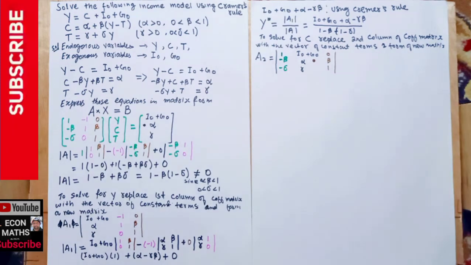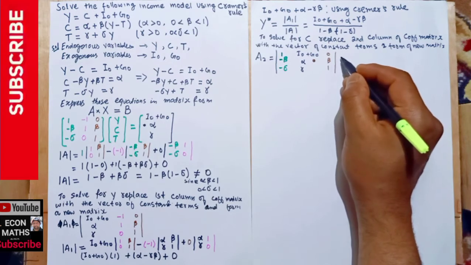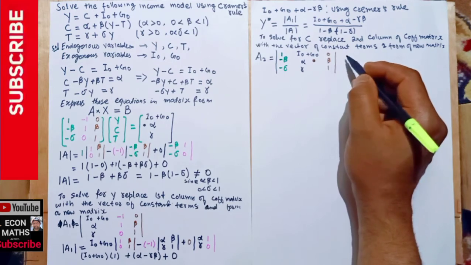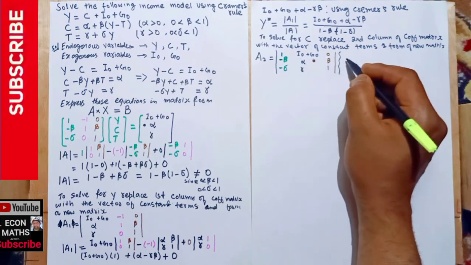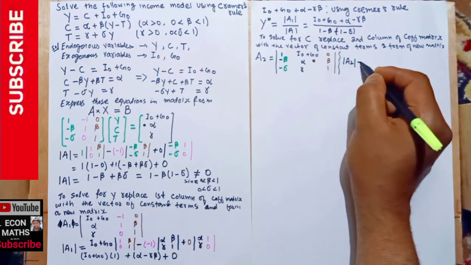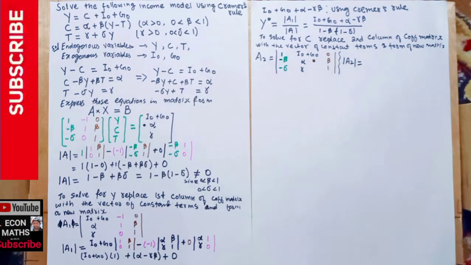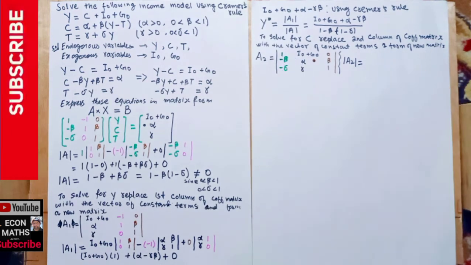Now we have to take the determinant of this new matrix A2. I will write it here because of the lack of space. So the determinant of A2 is equal to, we write the first number.